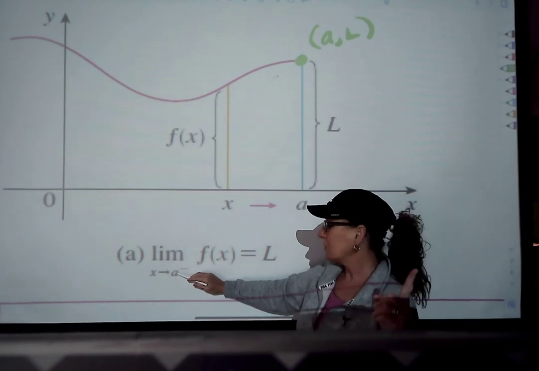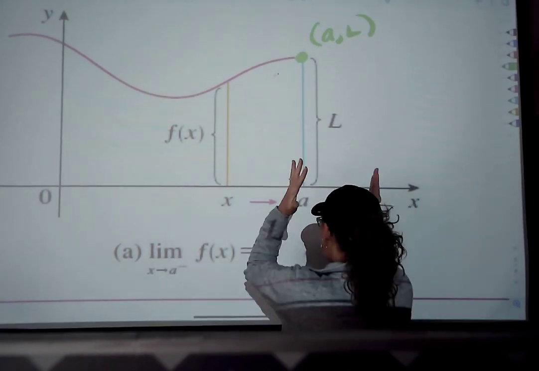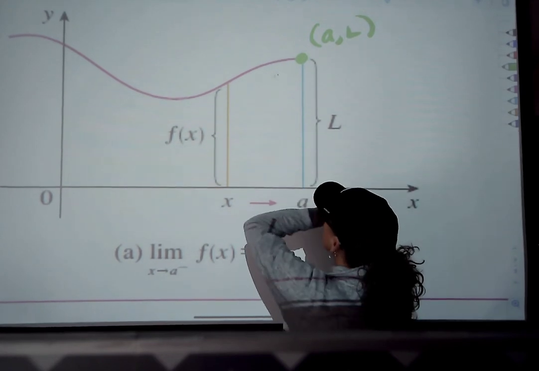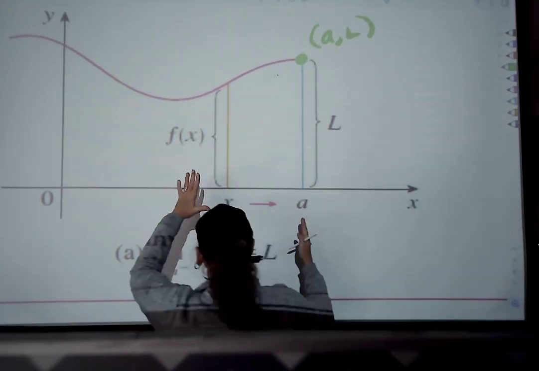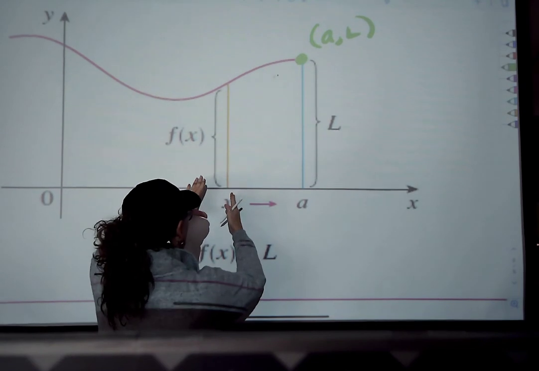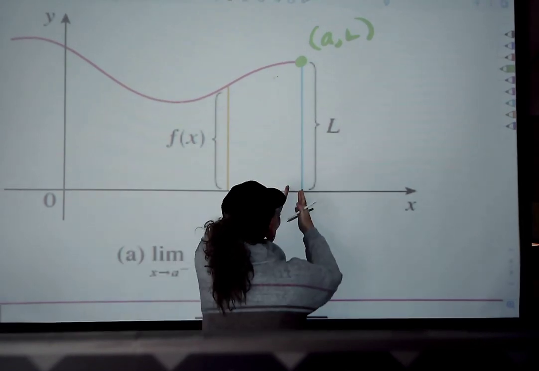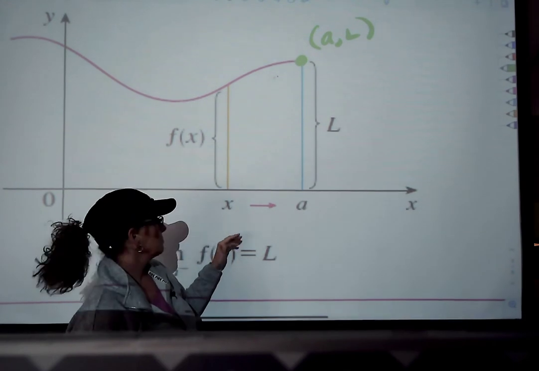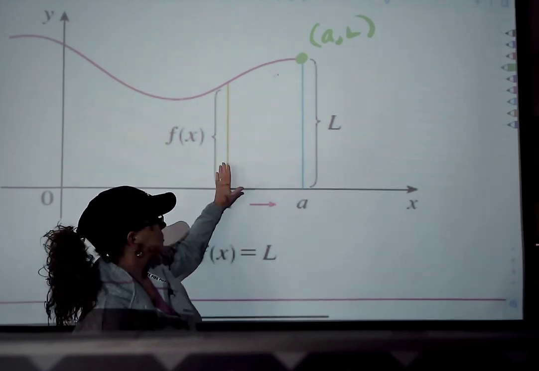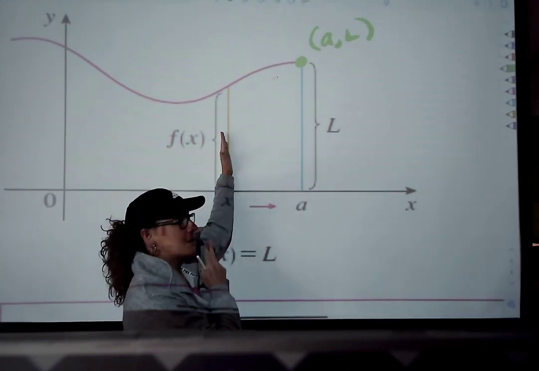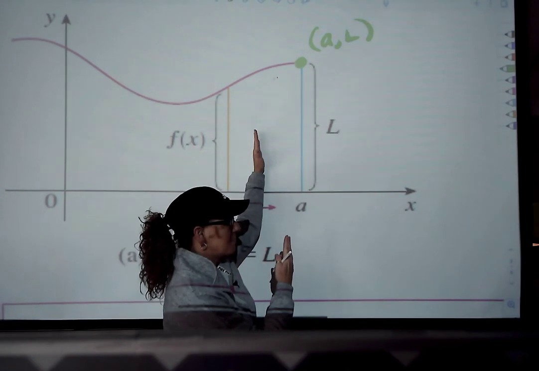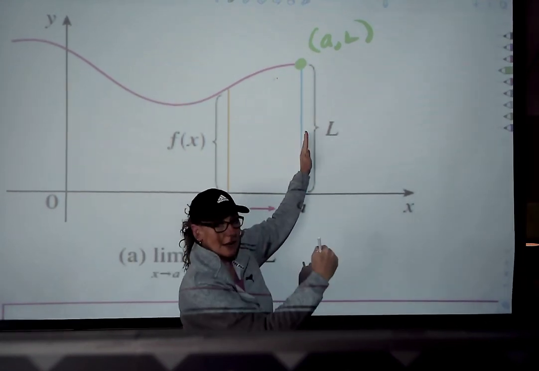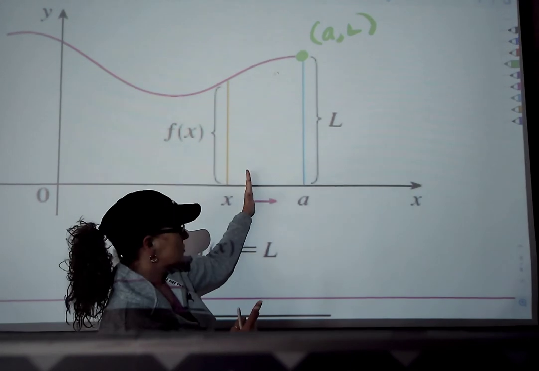However, we're approaching a from the left. So my eyes have found a, but now my eyes are going to jump to the left of it a bit. And I'm going to move in toward it. Okay? So first of all, I'm just going to show you the x movement. Here's a. I've jumped to the left. My eyes need to progress toward a.